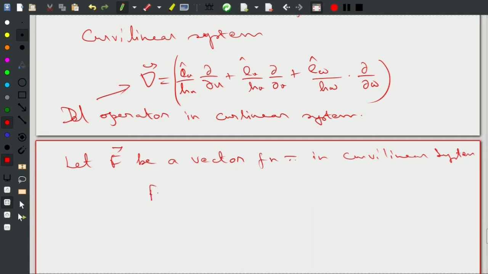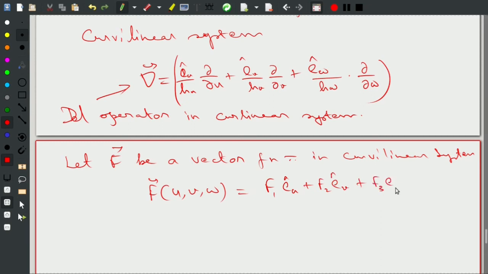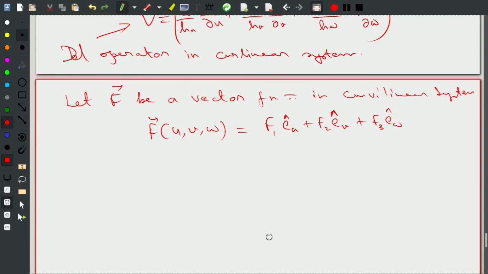Therefore our f vector is a function of u, v and w, and this f vector is given as f1 eu cap plus f2 ev cap plus f3 ew cap. These are the unit vectors, and f1, f2 and f3 are the coefficients.